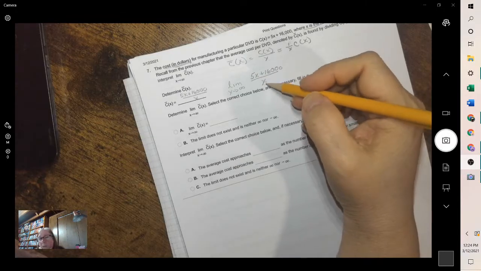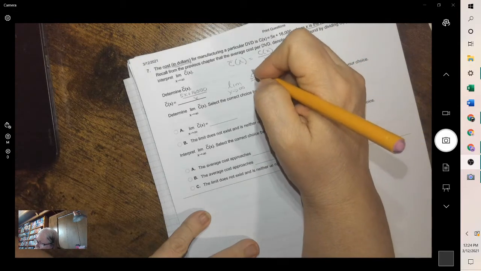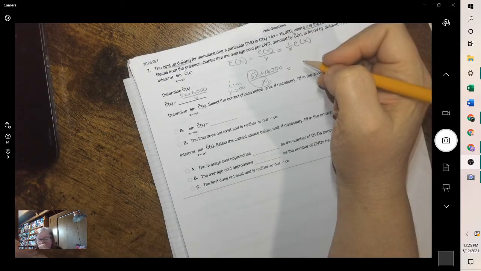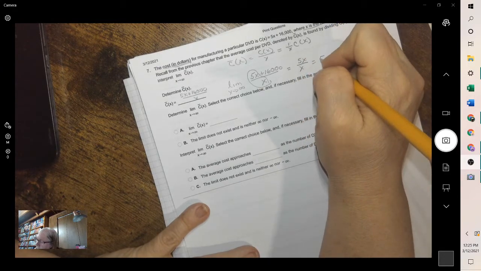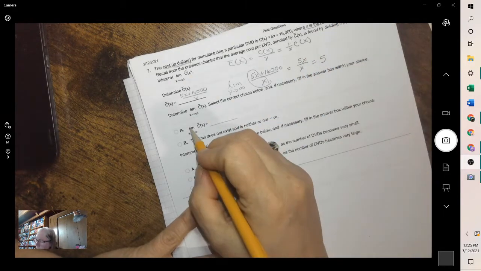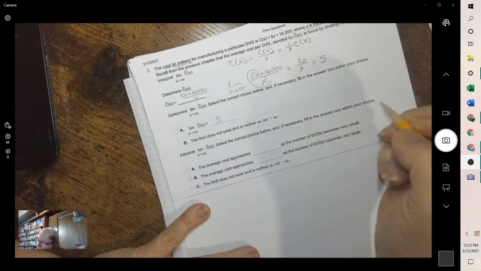When the degrees are the same, it approaches the two largest degree terms. So 5x over x would be 5. So the limit as x approaches infinity of the average cost function is 5.